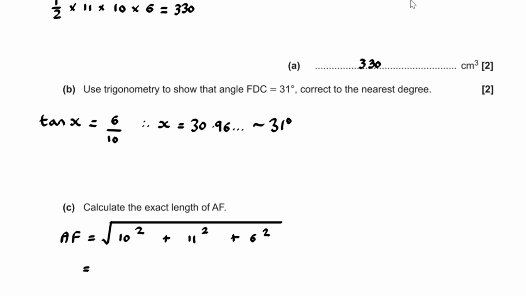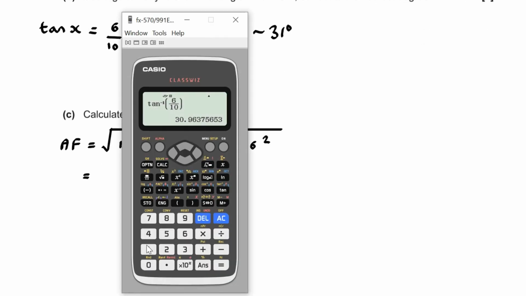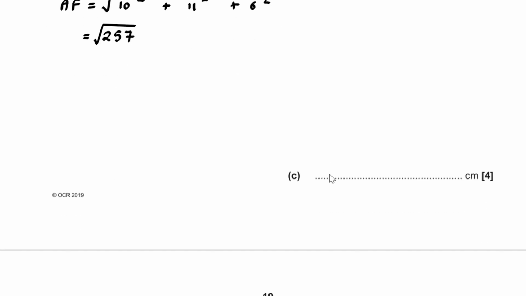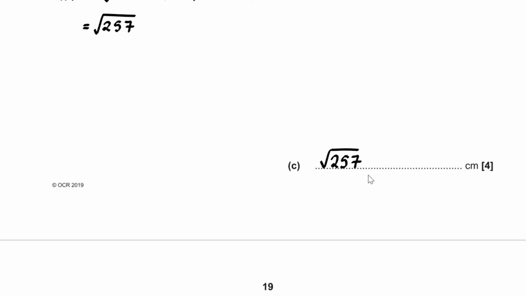So if we calculate this, 10 squared plus 6 squared plus 11 squared, square rooted, that's square root 257. So here we've got square root of 257.